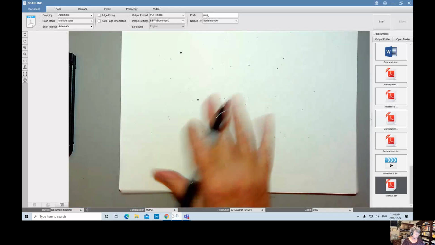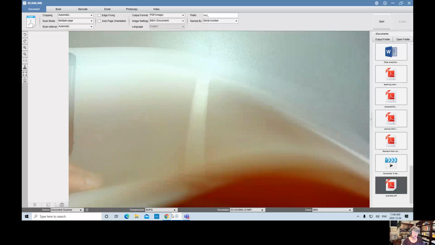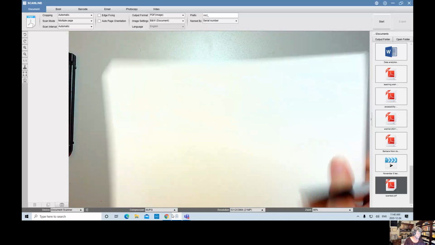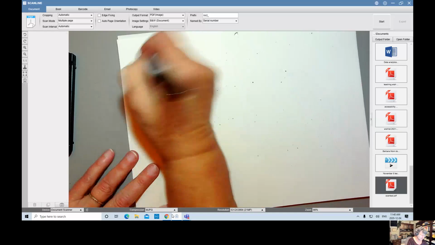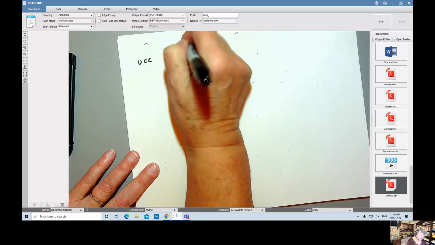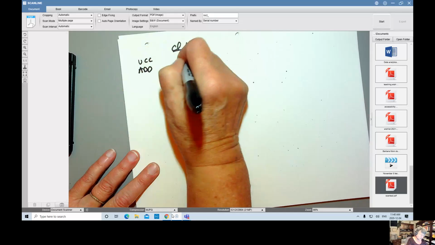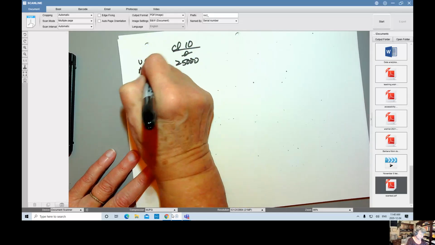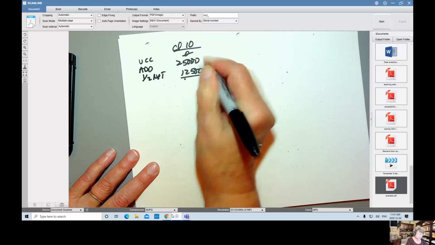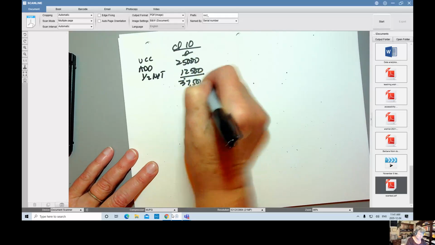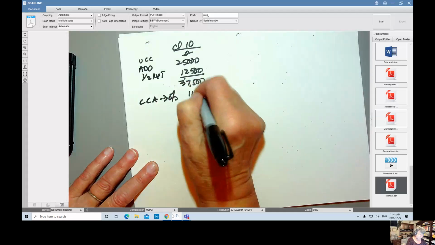Now it goes the other way when I sell an asset at a loss. So let's take that same car, go back to our car where we had the UCC of 0 and we added the car of 25,000 and then the half net 12,500. We had our 37,500, our CCA at 30%, the 11,250.